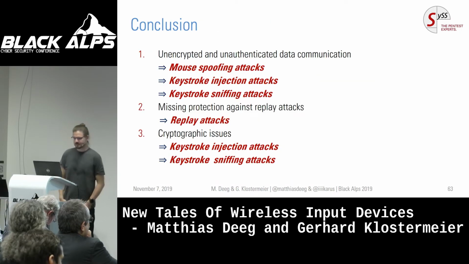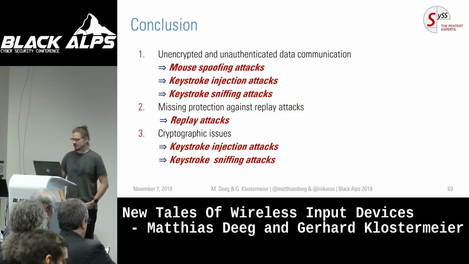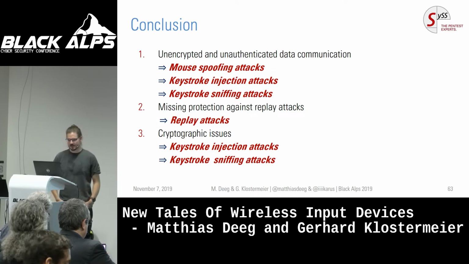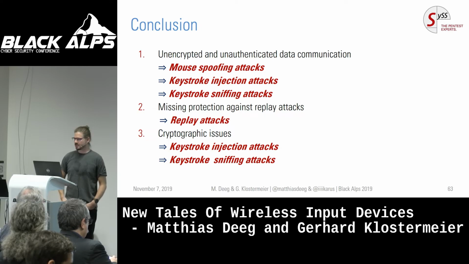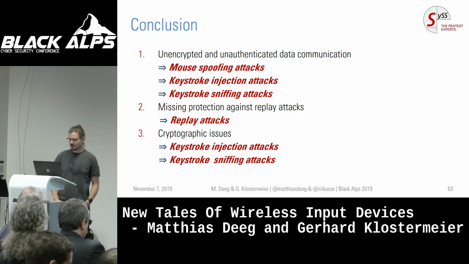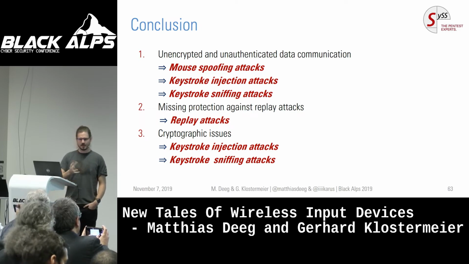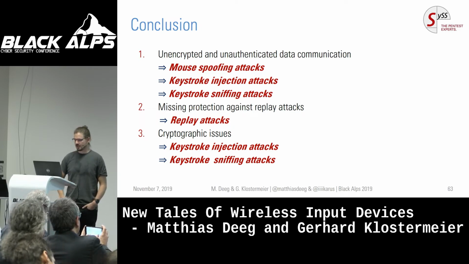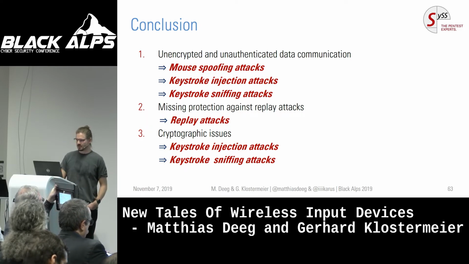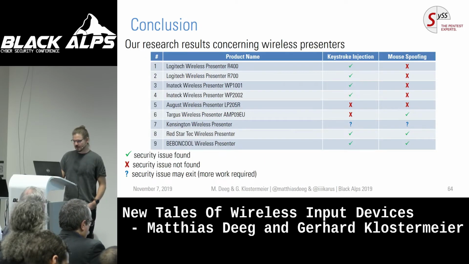So conclusions: unencrypted and unauthenticated data communication. Of course, this allowed us all the spoofing and injection attacks. Missing protection against replay attacks. Well, we can do replay. This is rather easy. And for the cryptographic issues we saw, we can bypass some cryptographic things and inject keys. And in some cases, we are even able to decode the actual key strings there.